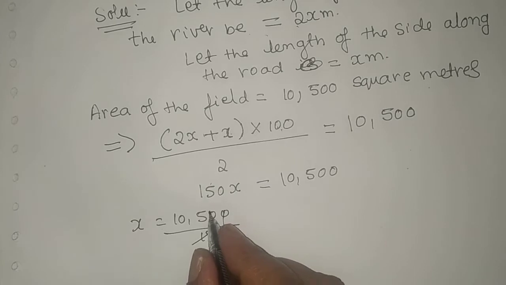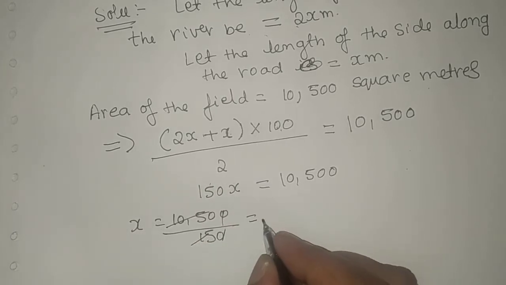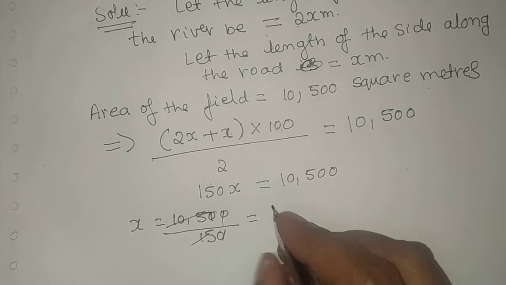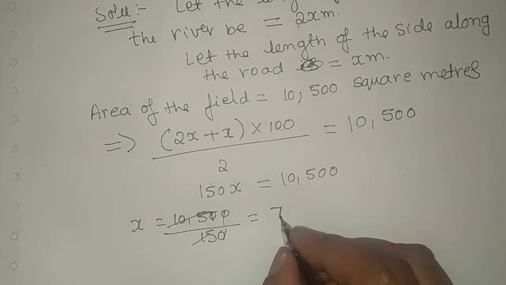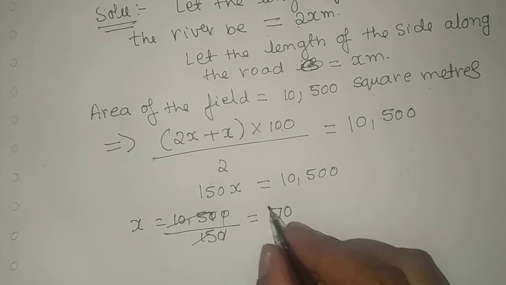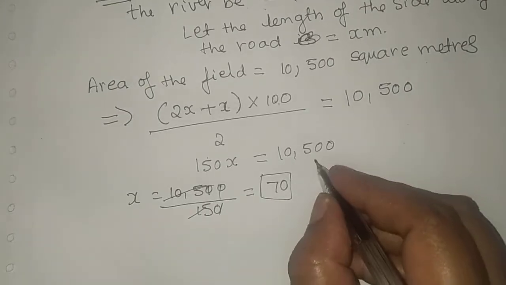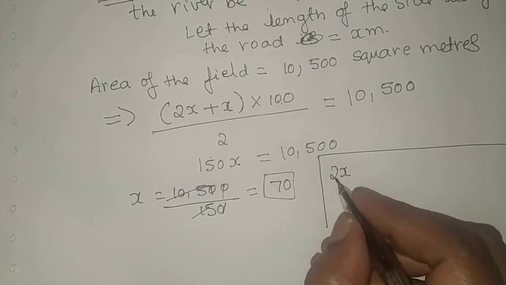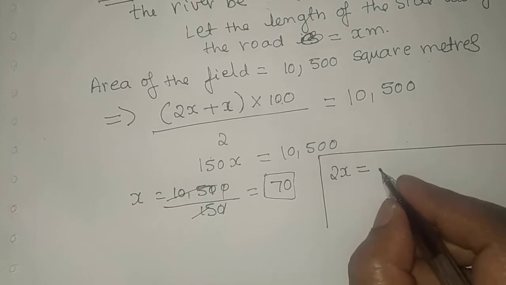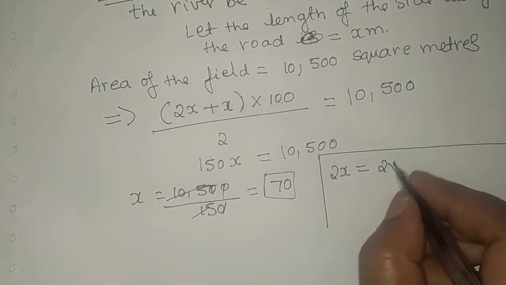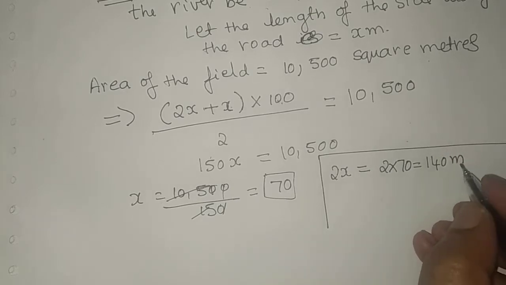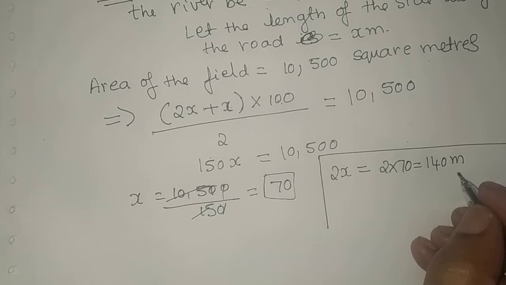Cancelling, we get 70. So x we get is 70. Now 2x is the length of the side along the river. 2 into 70 is equal to 140 meters.